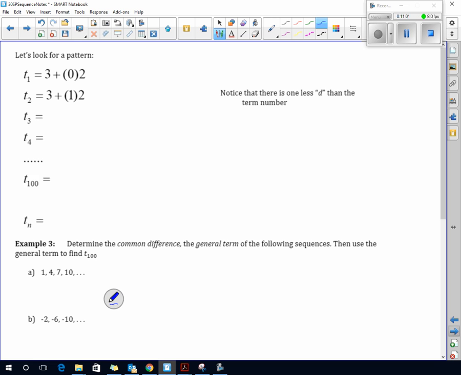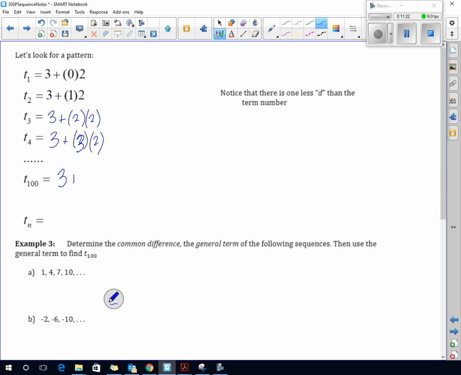The fourth term would be 3 plus 3 times the common difference. But anyways, the 100th term, of course, would be 3 plus 99, one less than the term number, times the common difference, which is how we got 201.